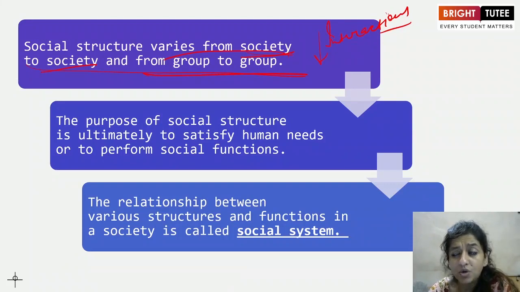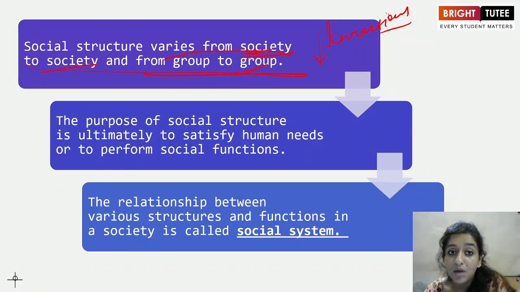Whereas if I talk to a third person, any of your classmates, even if they are of your age, even if they are part of your society, part of your group, there are still very major chances of the interaction not being exactly the same.